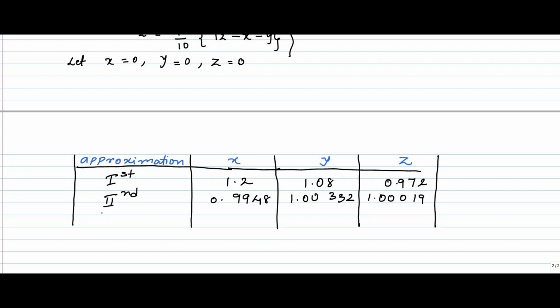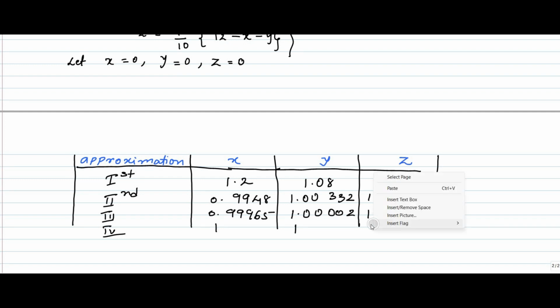For the third approximation, x is 0.99965, y value is 1.0004 times 10 to the power of minus 2, z value is 1.4 times 10 to the power of minus 3. The fourth approximation will be 1, the y value is 1, the z value is also 1.